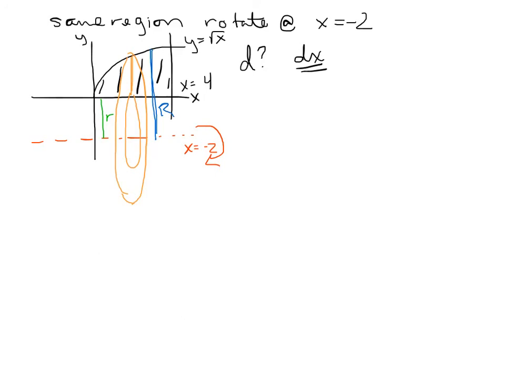Okay, so my big radius, and again I'm going to do pi radius squared, so pi times the big radius has to do with this function. This function, this root x right there, only goes from x equals 0 up. And so we have to add 2 onto that. Kind of draw that in there.